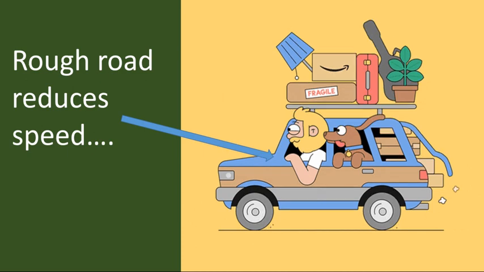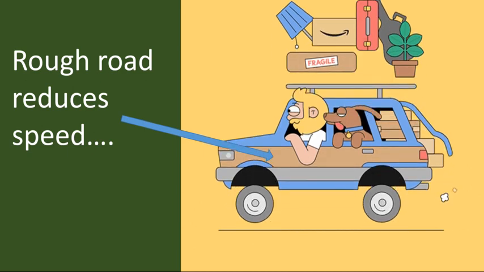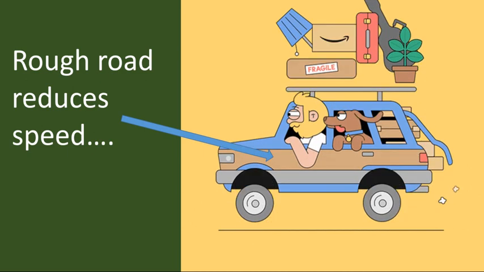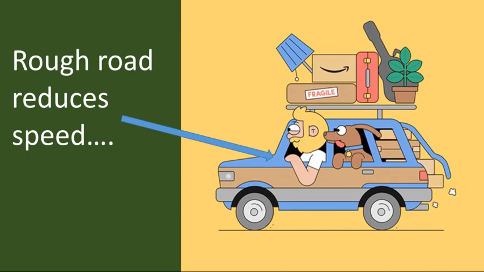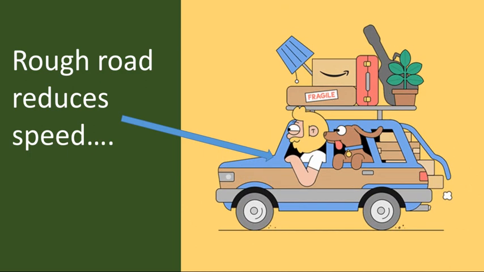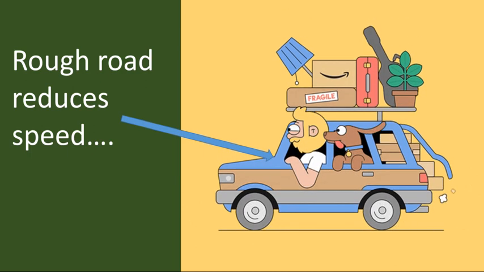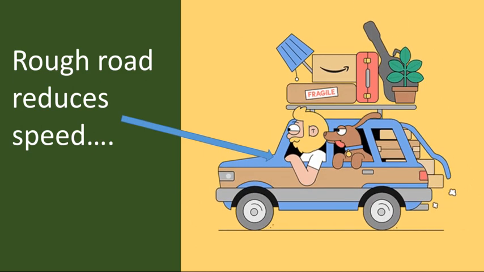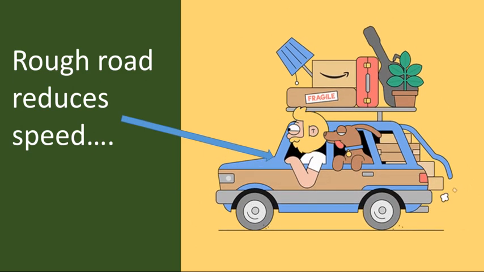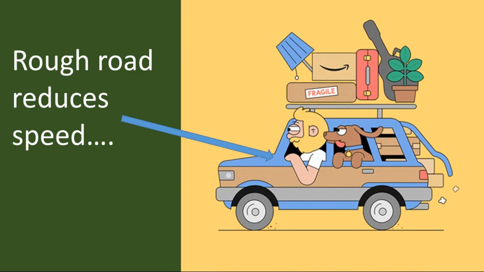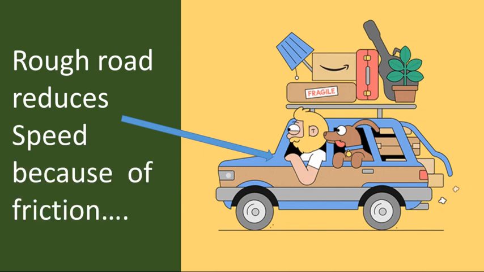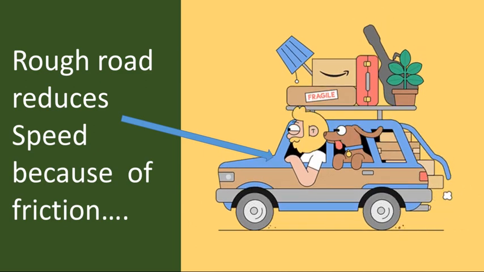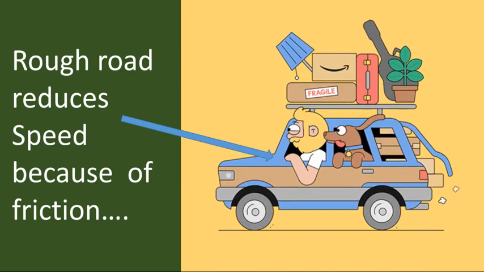Now here speed is reduced because of the rough road, which means there is some force acting in an opposite direction other than the force applied by the engine. Force applied by the engine is making the vehicle move forward, but there is some other force which is avoiding the speed there. And what is that? Rough road reduces the speed because of friction.